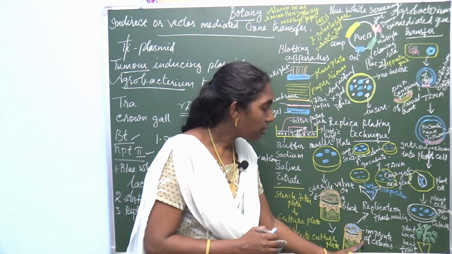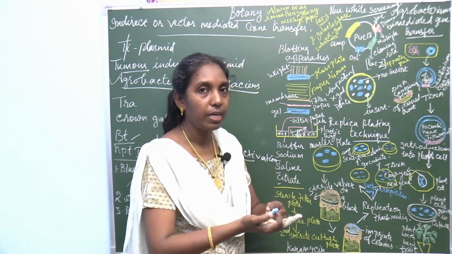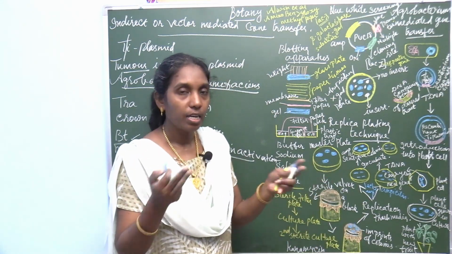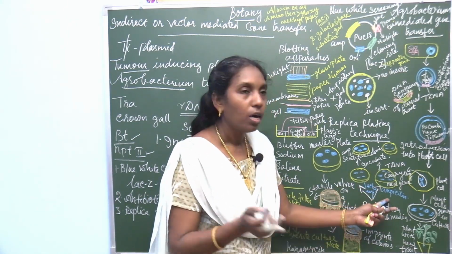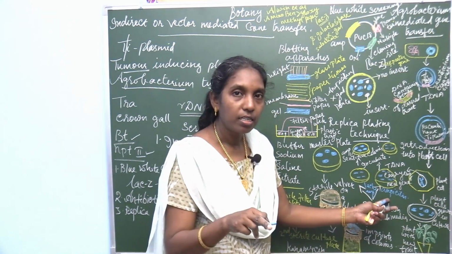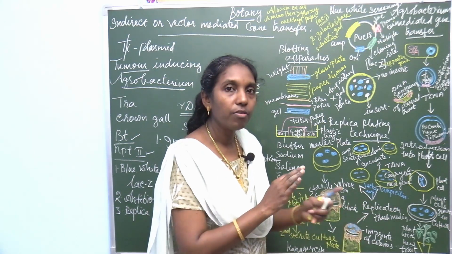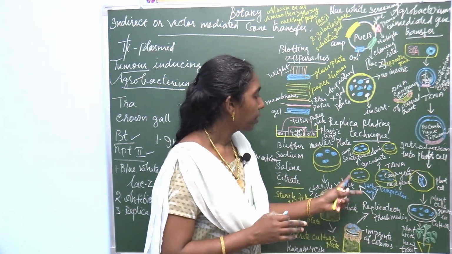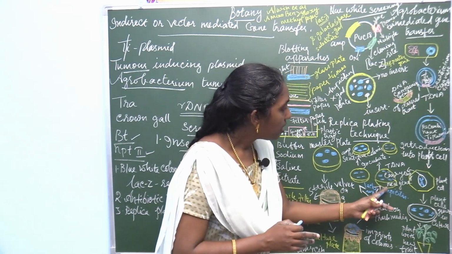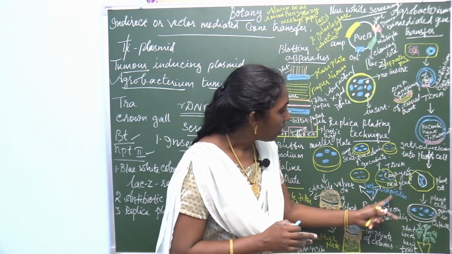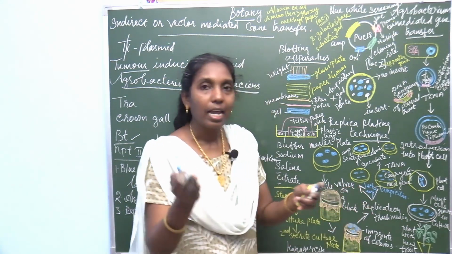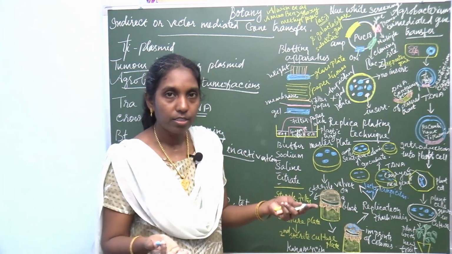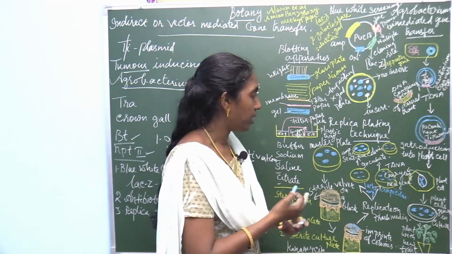These imprints of colonies are allowed to replicate in two different culture plates: one which contains ampicillin, and another culture medium without ampicillin. The plates are then incubated.